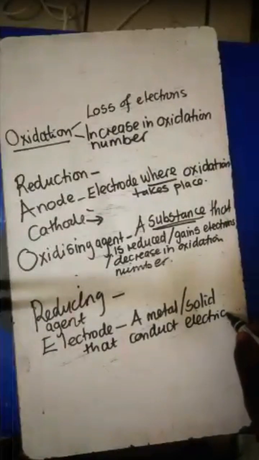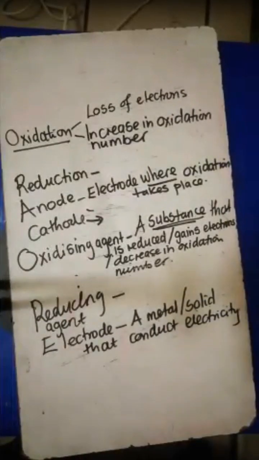We call it an electrode. So these are the definitions which are key in our galvanic cell, which is question number 8 in paper 2.